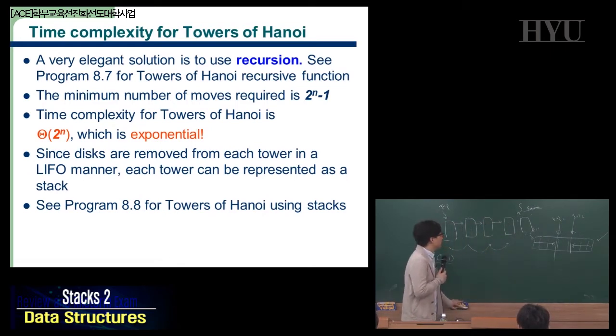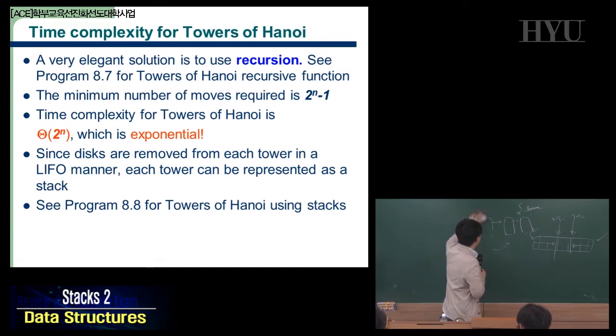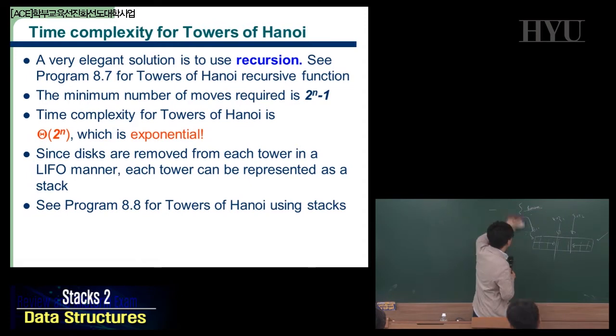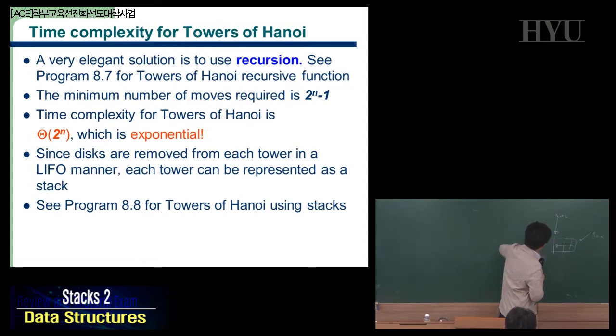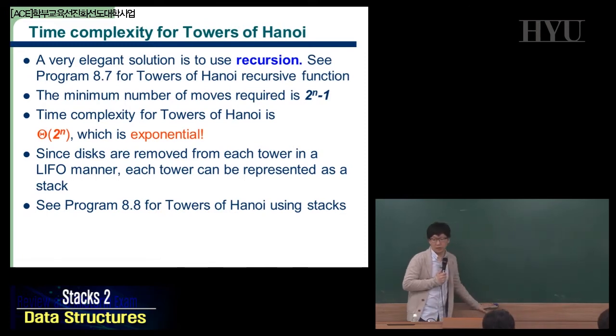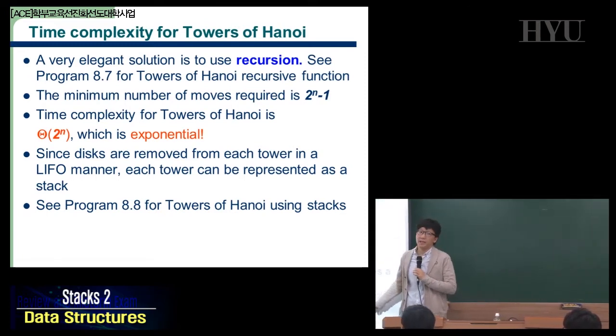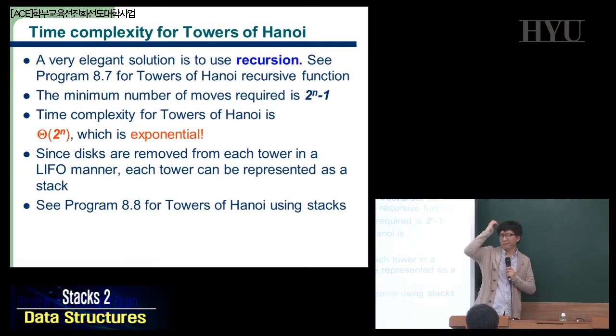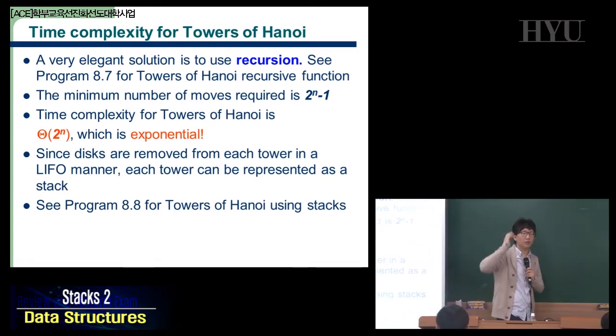But the basic idea is this. If you take a look at the program of 8.8 in your textbook, it's only 1 or 2 lines of code. It's one small function that does it.